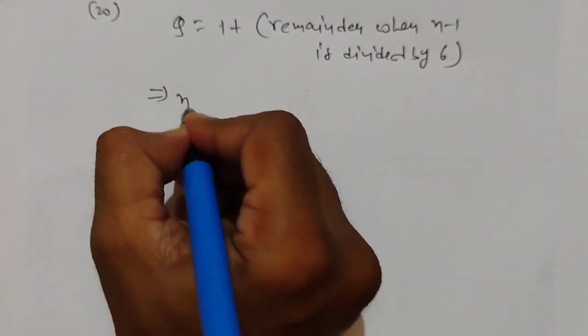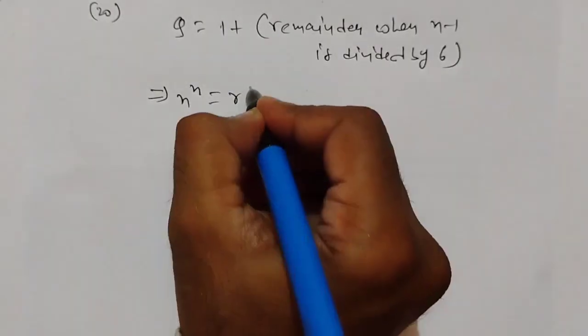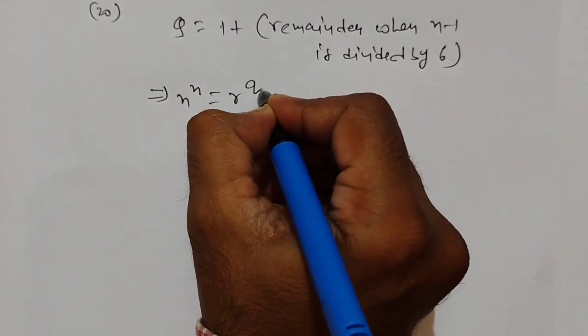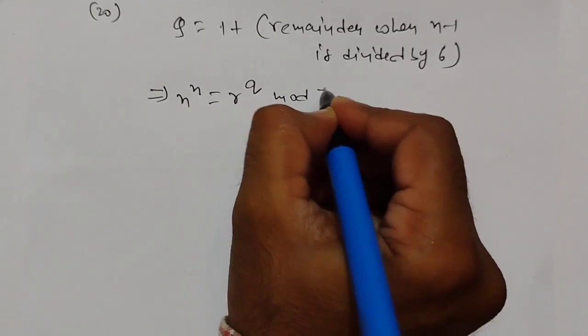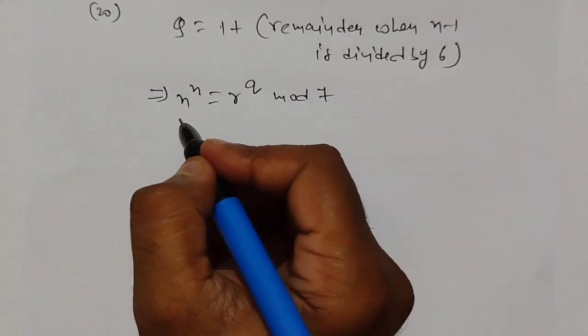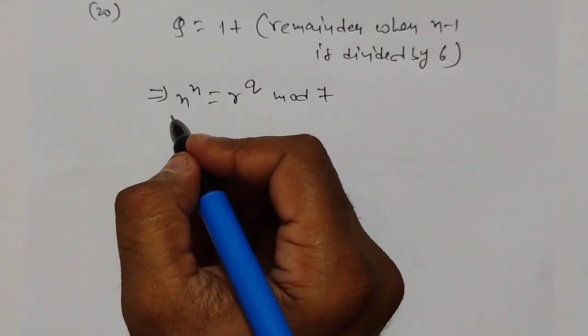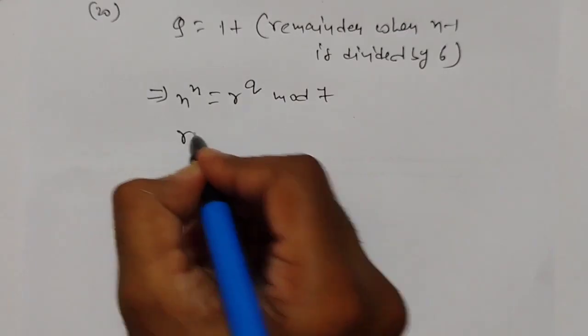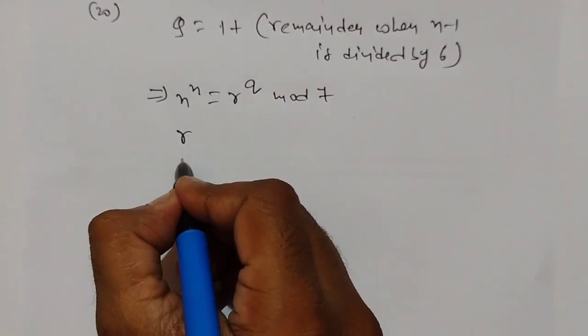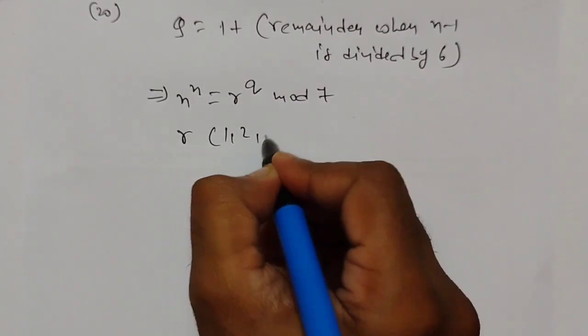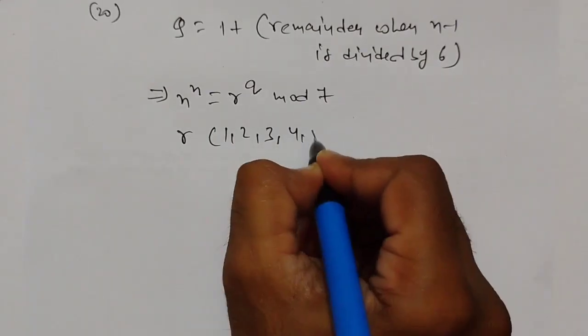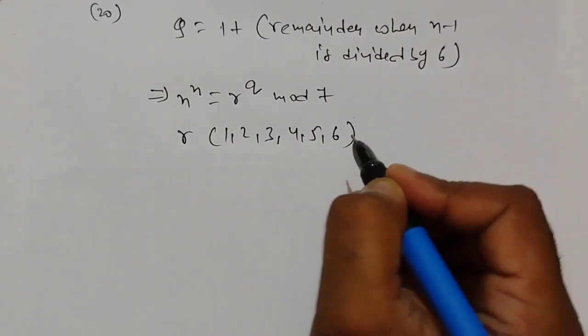This will imply n to the power n is equal to r to the power q mod 7, and now we have the values of r as 1, 2, 3, 4, 5, 6.